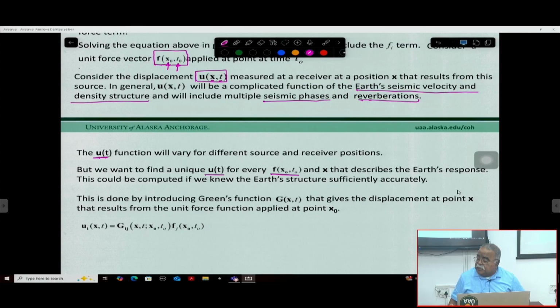Now, these things are computed by one phenomenon called a Green's function. So we introduce a Green function. It is called gxt. That Green function is basically u at a particular position having a distance x and t.